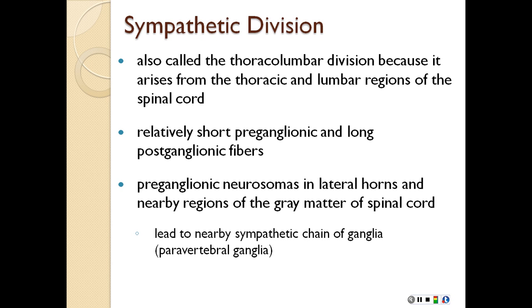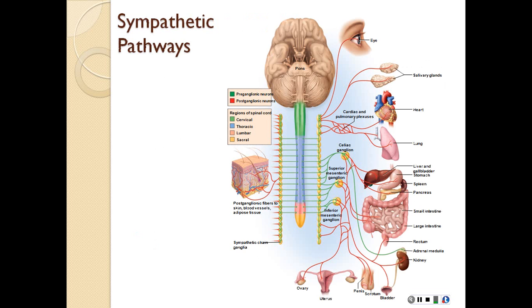And they have relatively short preganglionic and long postganglionic fibers, which we'll see in the next slide. And again, the preganglionic neurons are in the lateral horns. Let's look at a picture here. Notice all of the preganglionic neurons are green. Notice what part of the spinal cord they're in.